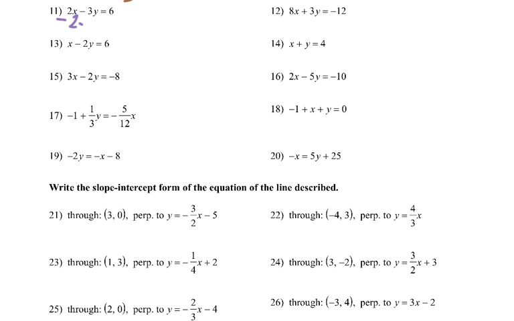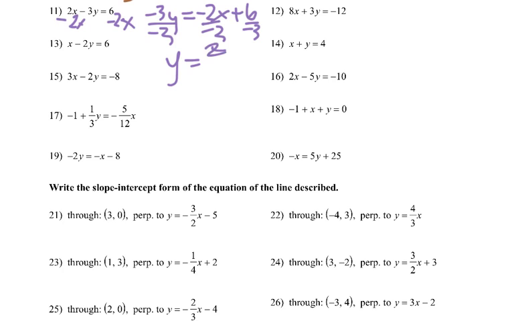So first I'd subtract a 2x from both sides. So I'd have -3y equals -2x plus 6. Divide everything by -3. And I get y equals 2/3 x minus 2. So our slope is 2/3, so our perpendicular slope would be 3/2 to the negative.